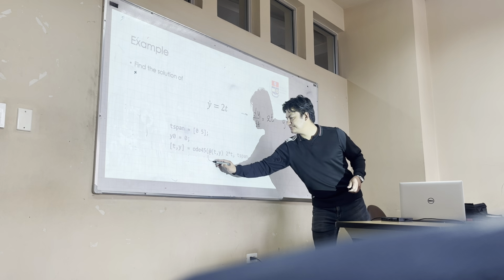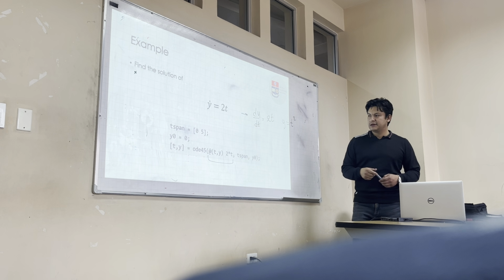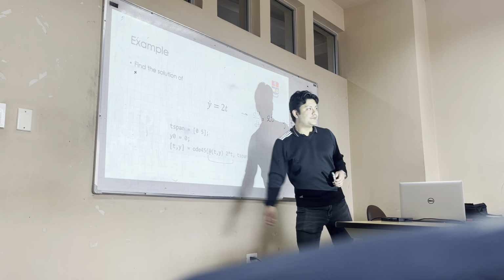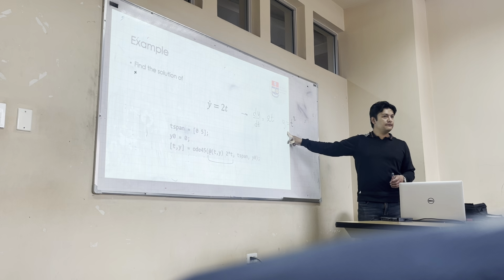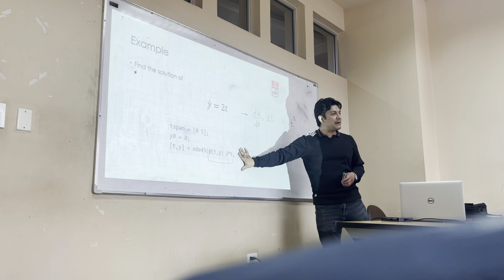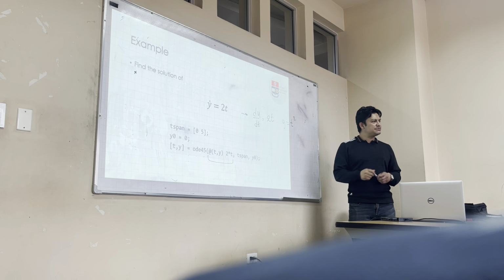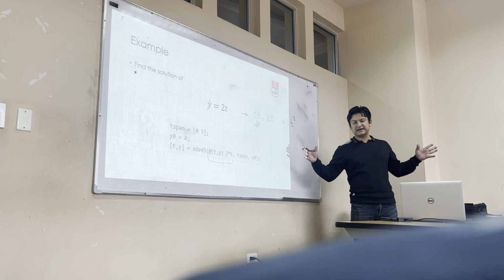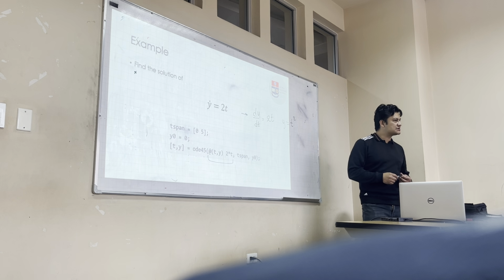This is the function. You can put this in MATLAB, and you are going to have a solution for y, which is the same thing as you have here. But this is the real solution. Here you are going to have an approximation to this. And this approximation is going to be very good. Right? The more time it takes to perform the calculation, the better the approximation is going to be.